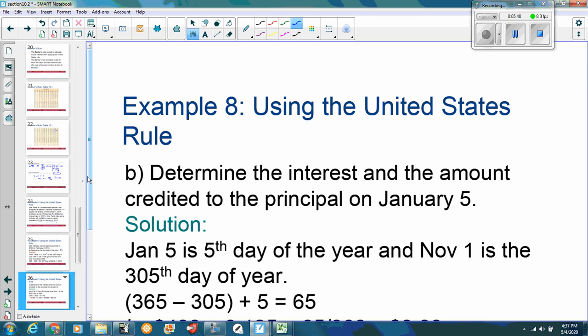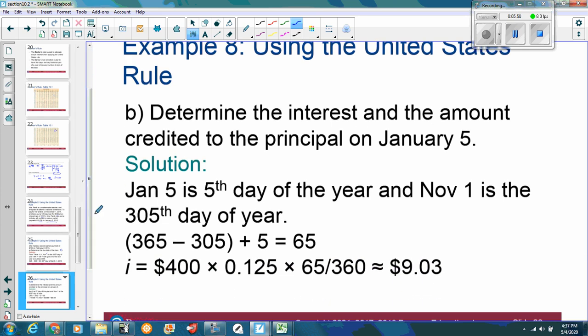Now it says determine the interest and the amount when she makes her partial payment on January 5th. So from November 1st to January 5th, how many days? There are 60 days to the end of the year because November 1st is the 305th day, plus 5 gives you 65.